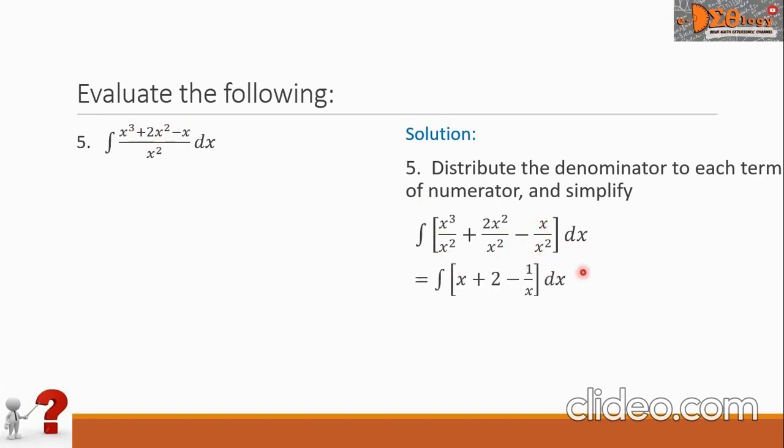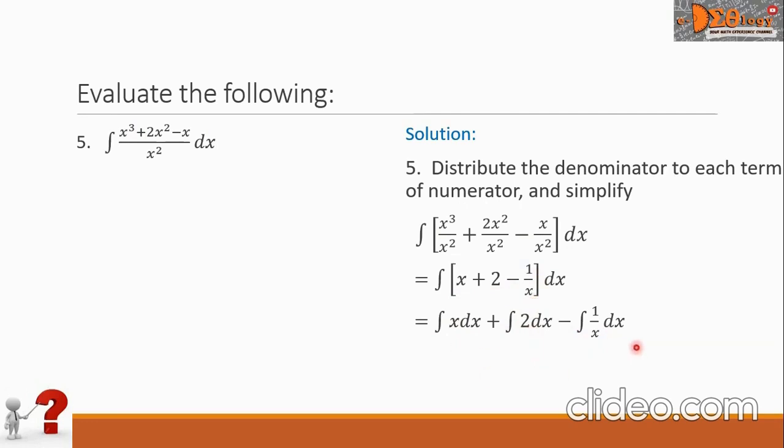Simplifying each fraction, we have now the integral of x plus 2 minus 1 over x and then dx. So we have the integral of x dx plus the integral of 2 dx minus the integral of 1 over x dx.